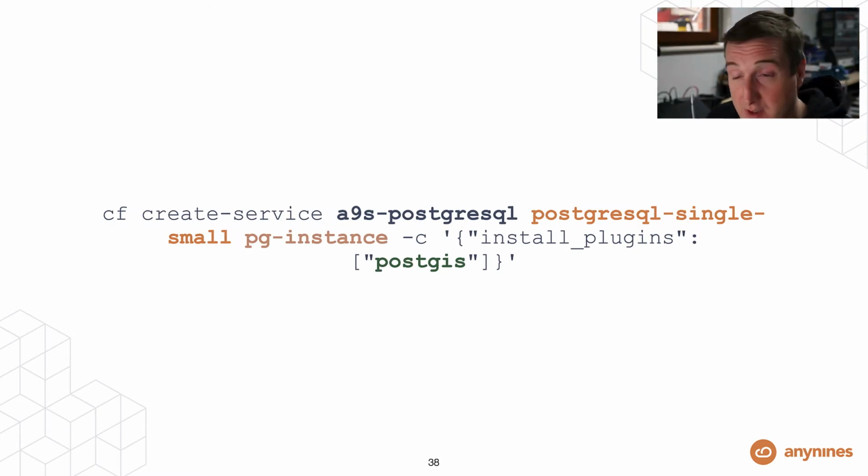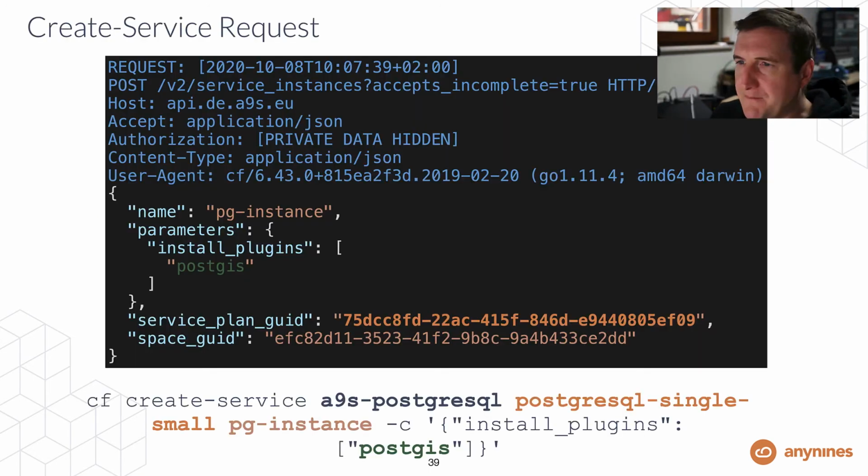So as I said earlier, the CF create service statement here for Postgres, single small, an instance called PG instance, here with the custom parameters, activating a plugin for Postgres, will be turned into an HTTP request containing the parameters provided, which would include the service plan GUID.